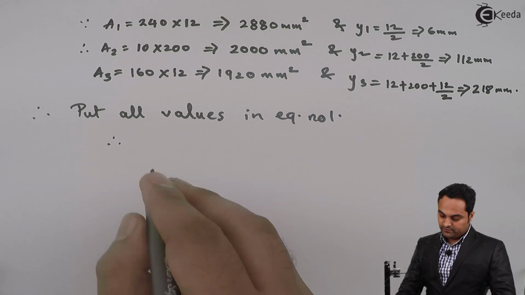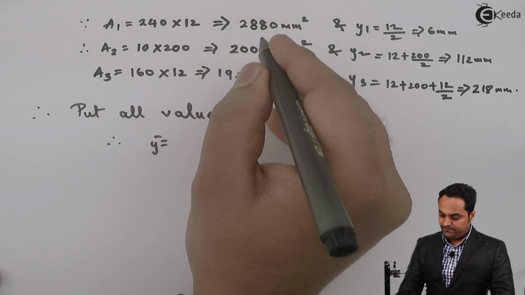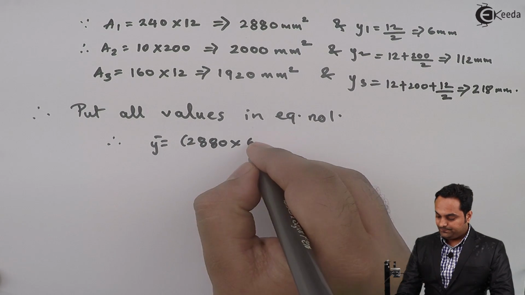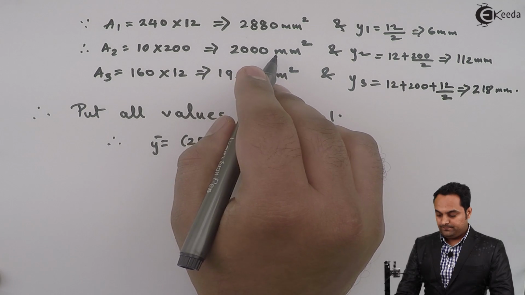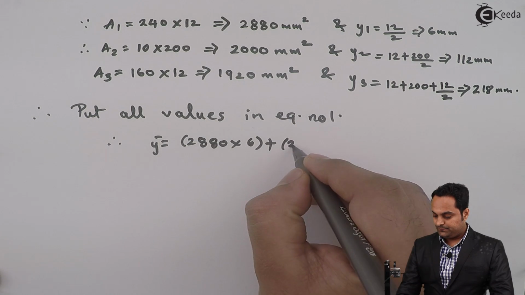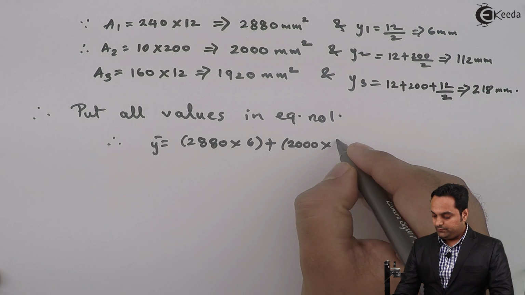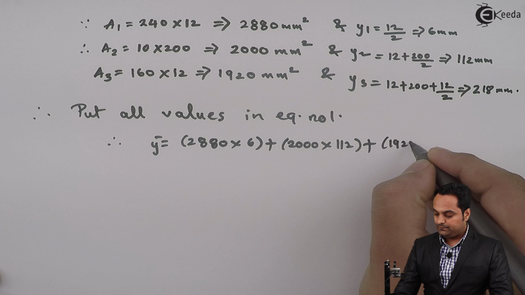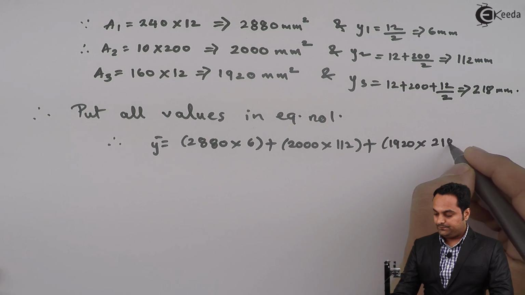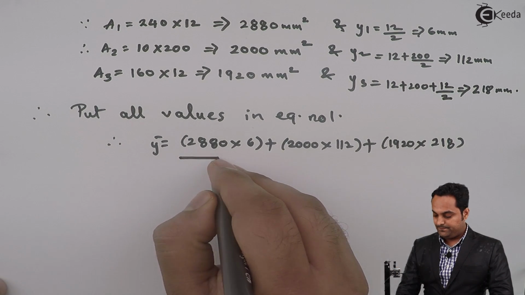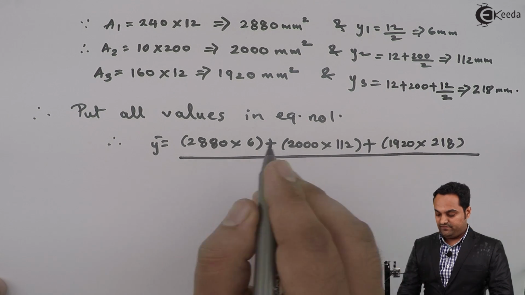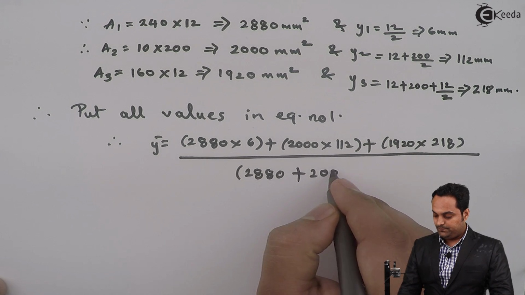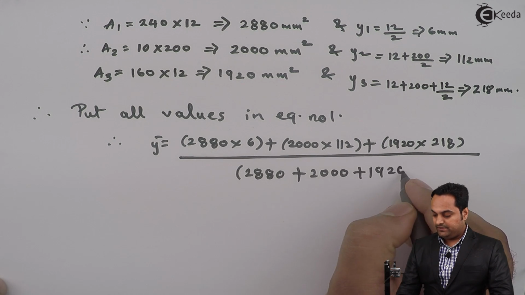So here we have y bar is equal to a1 into y1, then a2 into y2 plus a3 into y3, divided by area 1 plus area 2 plus area 3.